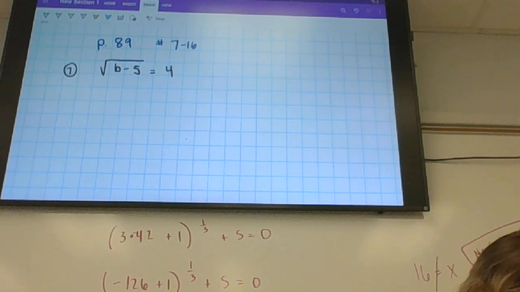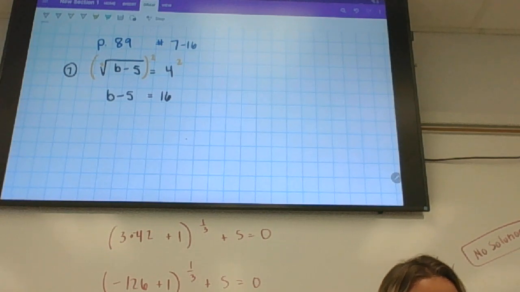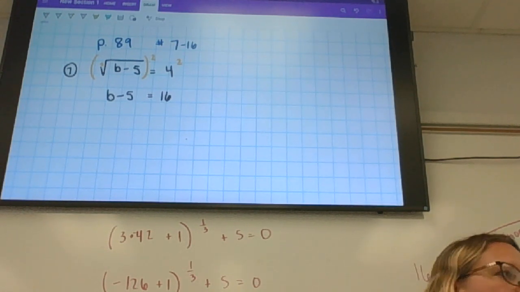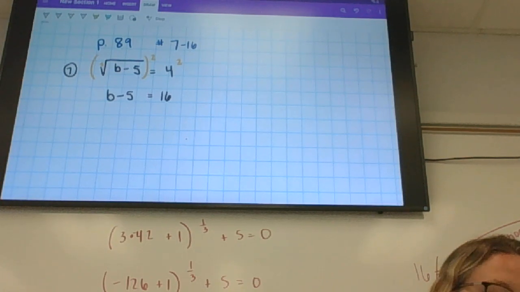All right, I have a little invisible 2 here, so I'm going to raise both sides to a power of 2. And Kaylin, your question about this was right on point. That 5 does not square; it just stays a 5. Sometimes we'll accidentally do that even.